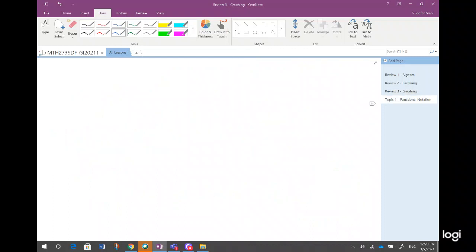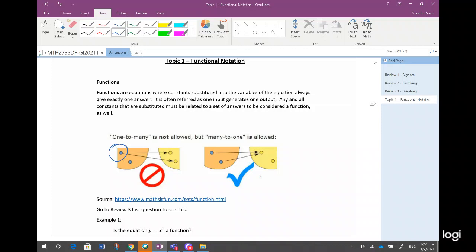But if I have two different x's giving me just one y, which I'm going to show you shortly, this is a function. That's not a problem. This is just a kind of function; if you continue in mathematics, you can see different kinds of functions.